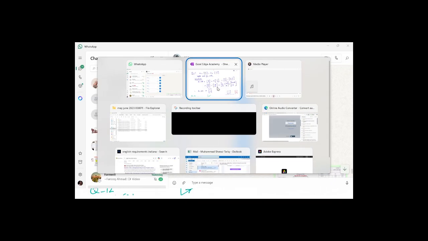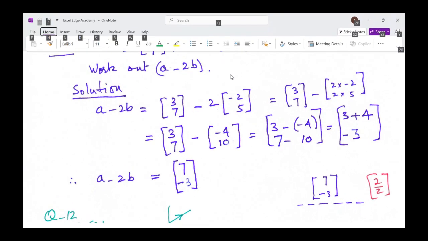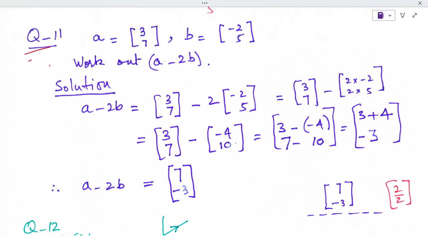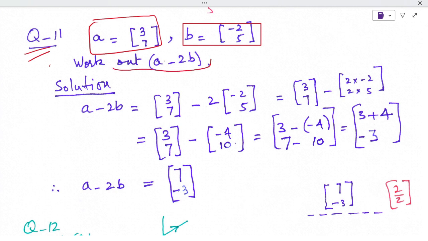Question number 11 is of matrices and subtraction of matrices, because there is a matrix A equal to 3 and 7 and B is equal to -2 and 5. You have to work out A minus 2B. So what you have to do is multiply B with 2 first. When you do that, you will be left with the first matrix as 3 and 7, and the second matrix will be -4, 10.